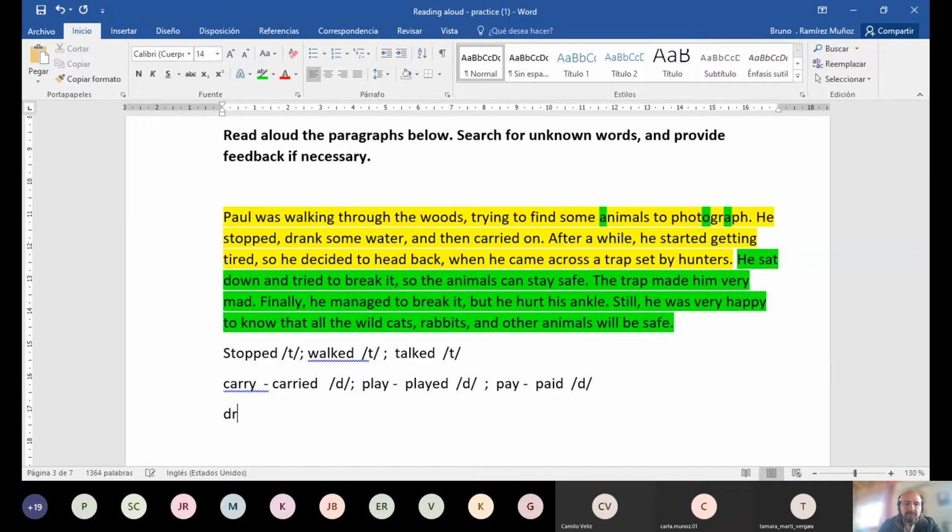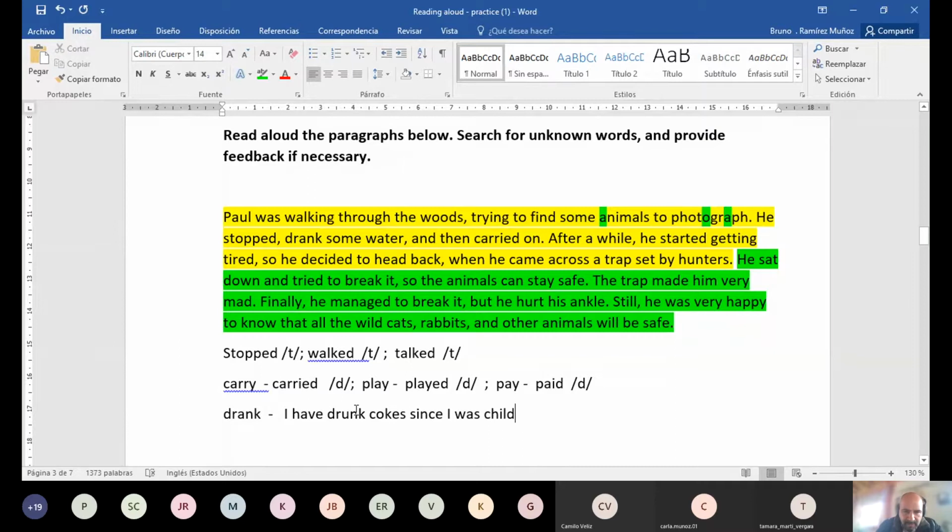Because when we produce drank, we have a trap, and when we say drunk, we have a wedge. This one is the past simple, and this one is the past participle. So when you say, for example, I have drunk a Coke. I have drunk Cokes since I was a child.